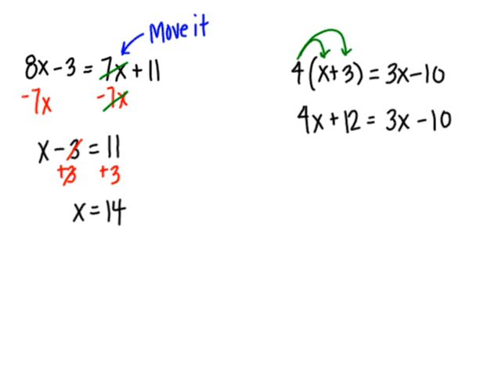I notice that the x's are on opposite sides, so that means I have to move them. So I'm going to move this 3x. To move it, I change its sign. So a 3x and a negative 3x add out, and on the left-hand side, 4x minus 3x would give me a 1x plus 12 equals negative 10.